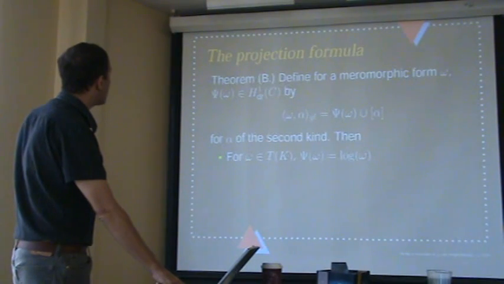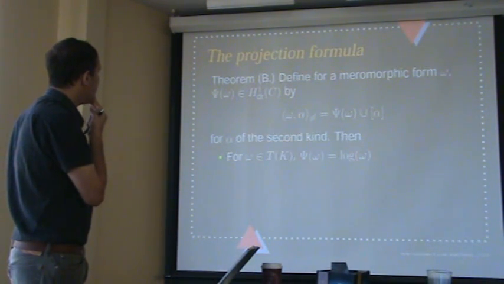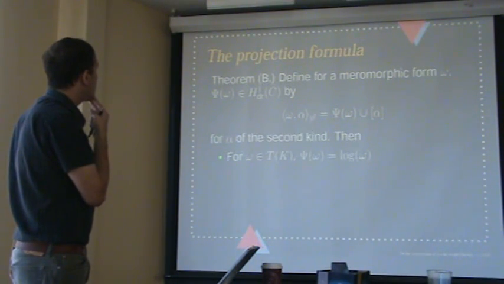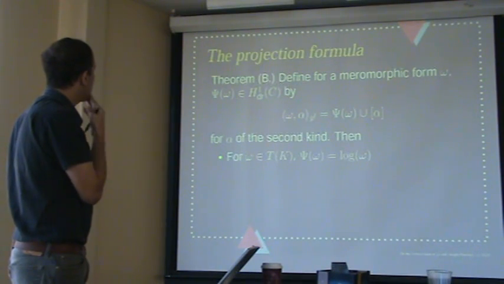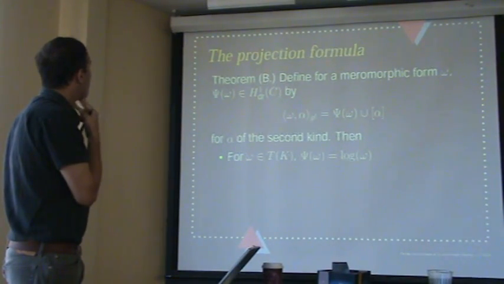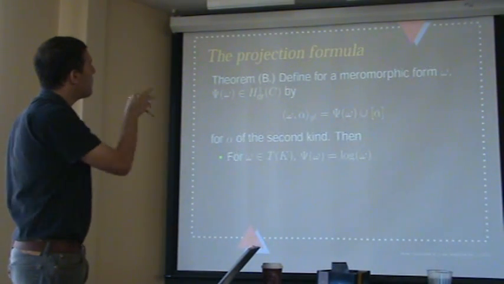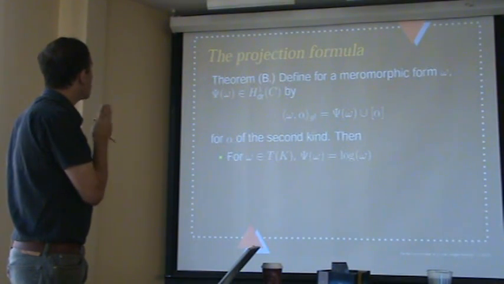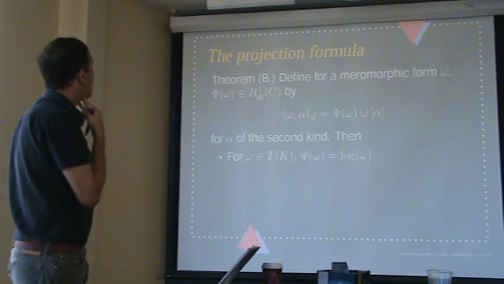Now here's the thing that starts to allow us to compute the log. Here's a theorem. All of these are fairly easy, so it's not that difficult. One makes a projection in the following way. I take a meromorphic form omega on C, and I define psi of omega to be the de Rham class on C in the following way.